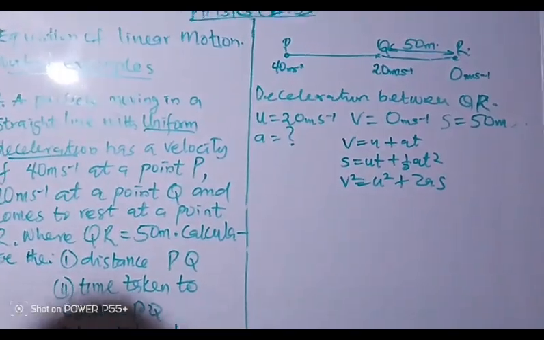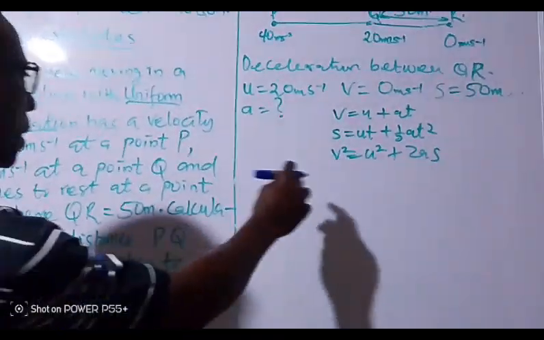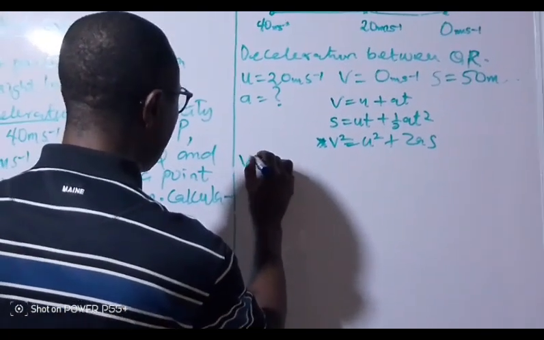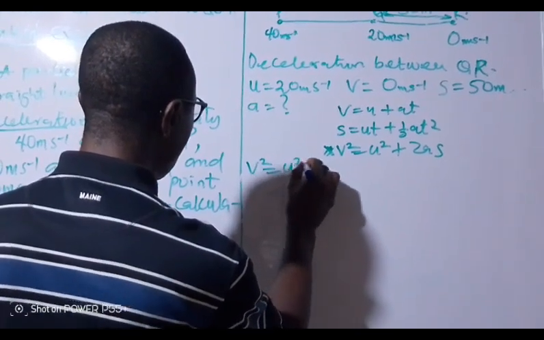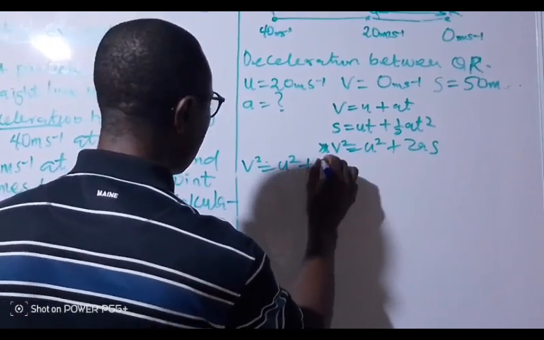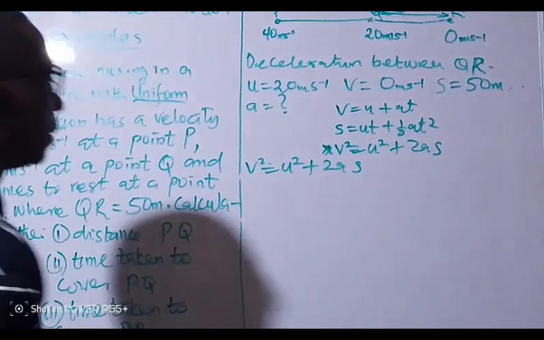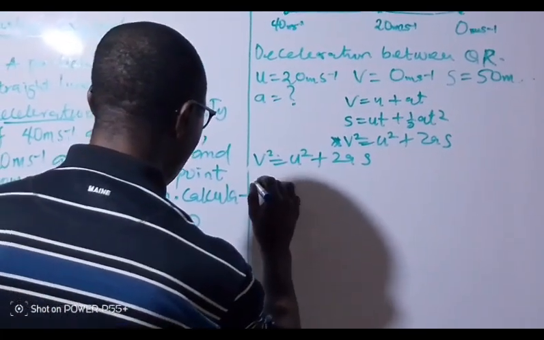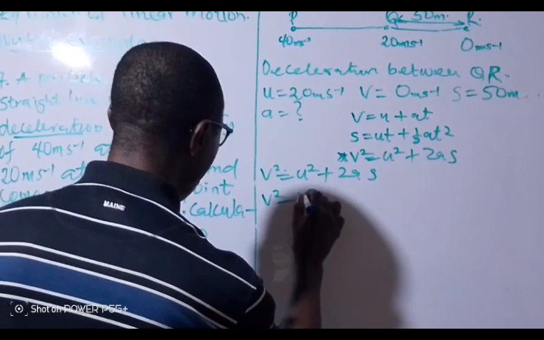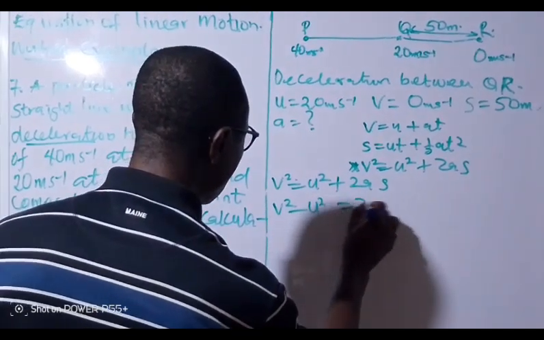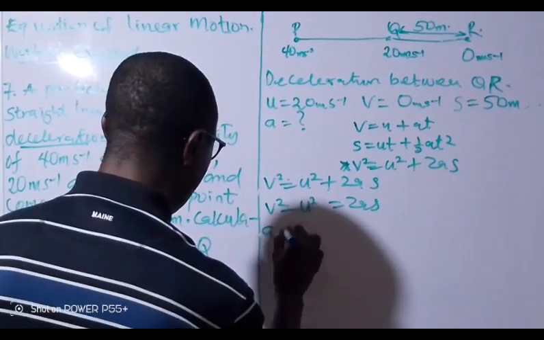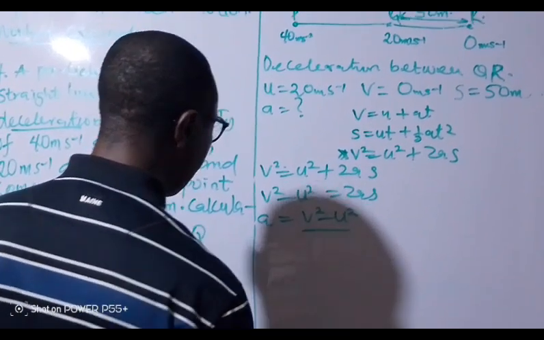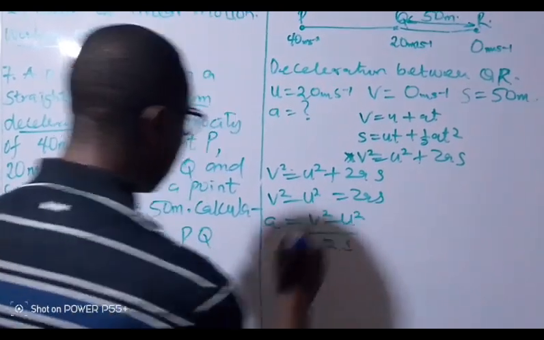So we use equation 3, V squared is equal to U squared plus 2AS. Now we need A. Make A the subject of the formula. That will be V squared minus U squared is equal to 2AS. So A will be equal to V squared minus U squared over 2S.